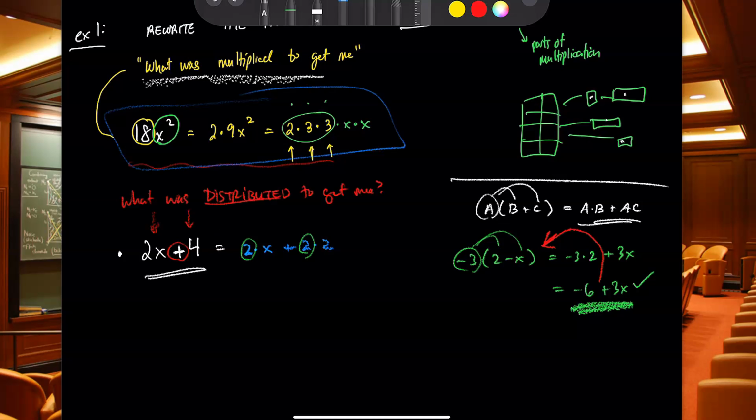So let me copy that down here. Just seeing these be broken apart, now I can see, oh, this has a 2 that was distributed, and now I can pull this outside, and what we'll see is that 2 times what's remaining on the inside, x plus 2.